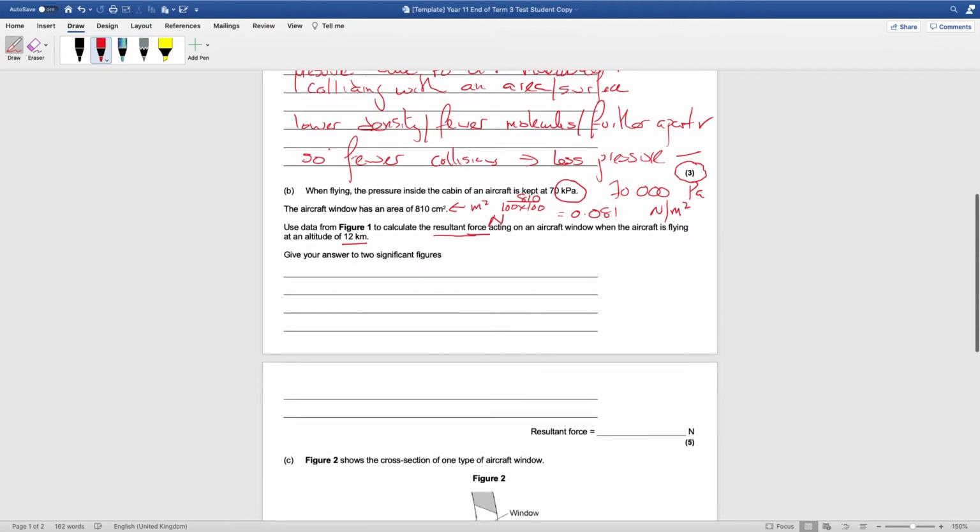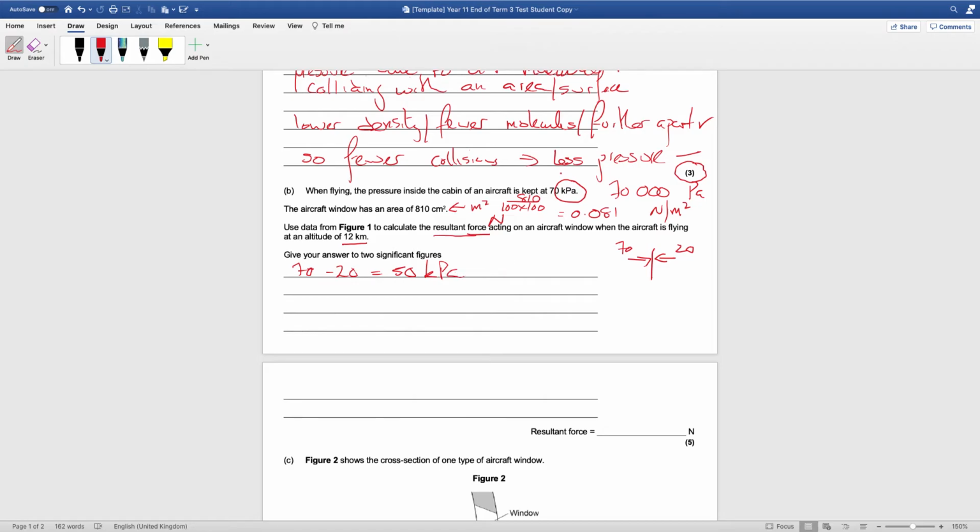So we have 20 kilopascals is atmospheric pressure, and we have 70 kilopascals, which is the pressure on the inside. So the net effect of that, the resultant pressure, if you like, is 70 minus 20 equal to 50 kilopascals.